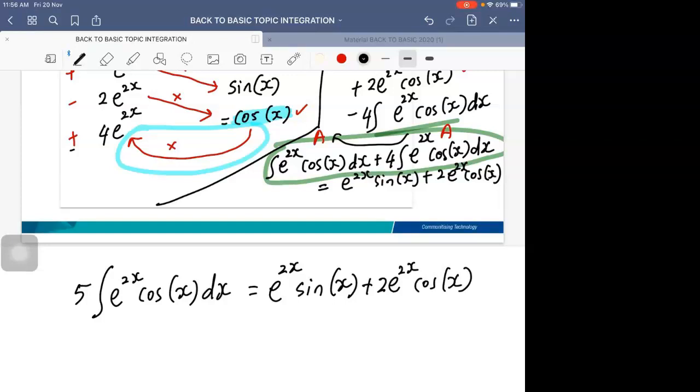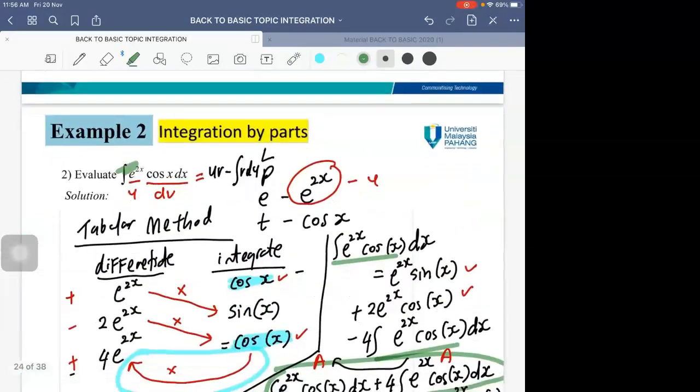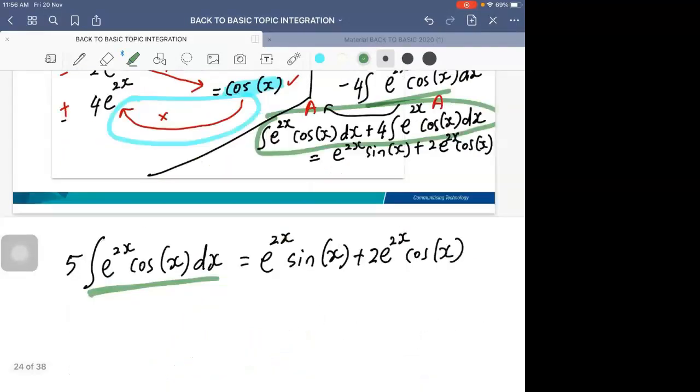But we want only the integration, because this is our main problem. So we can divide by 5 on the left and right hand side.